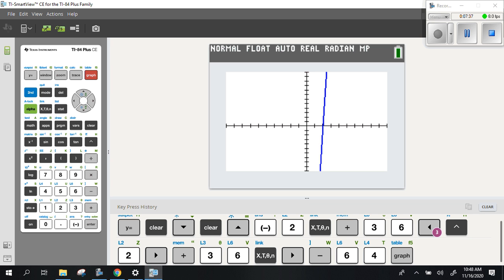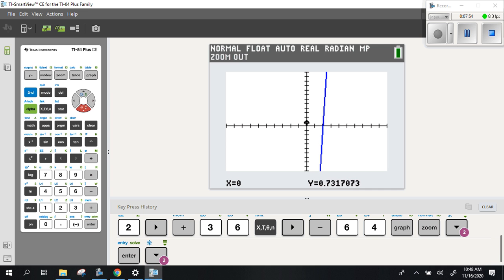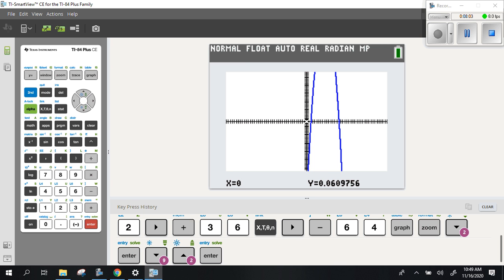And perhaps we'll need to zoom out a bit, especially because we can see that our Y-intercept is negative 64 on this. So let's go ahead and zoom out a bit. I'd like to zoom out from the origin. Oh, well, we're fairly close. Here we go. Ooh, still not there. Let's zoom out again. All right, there's our max.